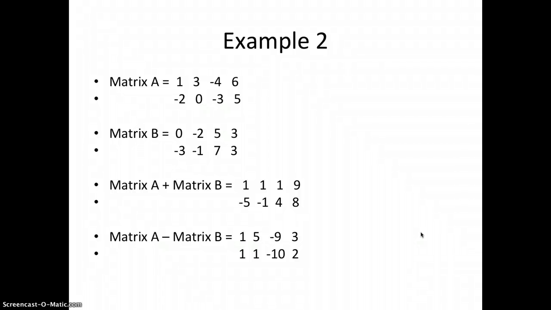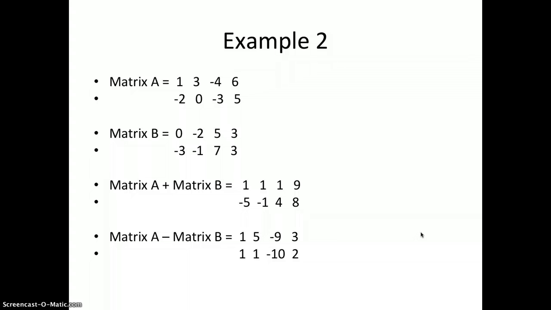Example number 2. Matrix A is a 2 by 4 matrix. Row 1 is 1, 3, -4, 6. Row 2 is -2, 0, -3, 5. Matrix B has row 1 of 0, -2, 5, 3, and row 2 of -3, -1, 7, 3.